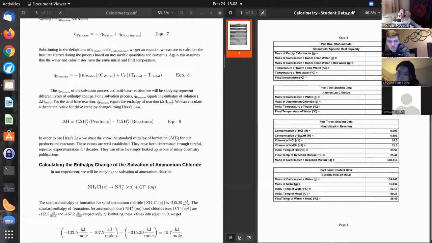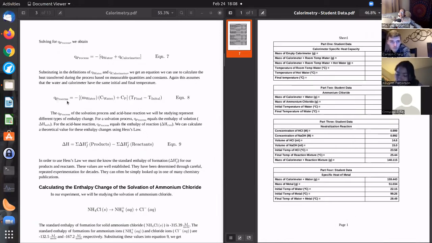So we're going to come in here. We're going to go to our Q process. We're going to put in that mass of water. We've got our C water here, the 4.184. We've got the CP value that we calculated above, right? And then we've got our T final minus T initial, which are pretty clear here, okay?